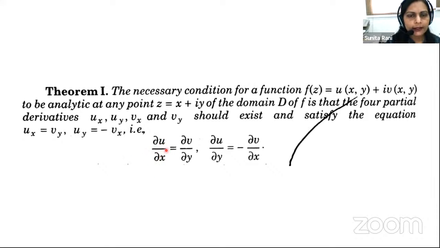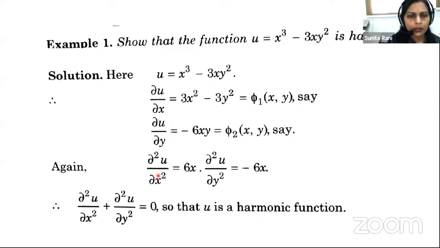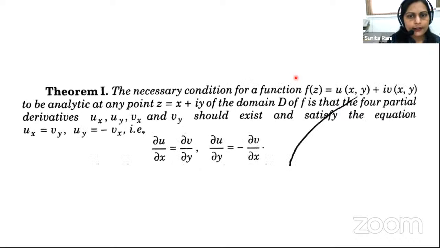If curly u by curly x is curly v by curly y, and these conditions hold, you can try examples where there is a v also, find curly u by curly x and curly v by curly y, and check that the Cauchy-Riemann equations are satisfied. Then you conclude the function is analytic. So analyticity can be proved by the Cauchy-Riemann equations.